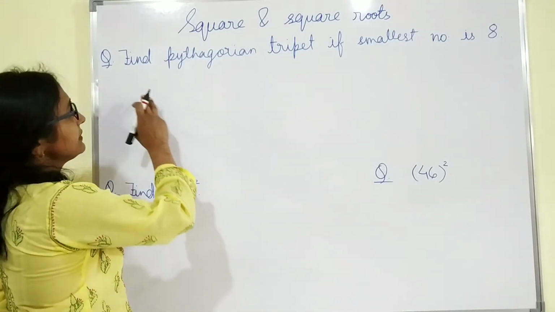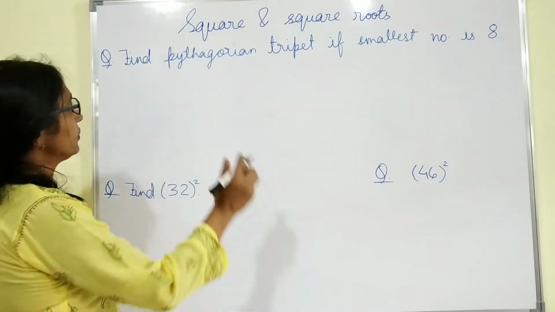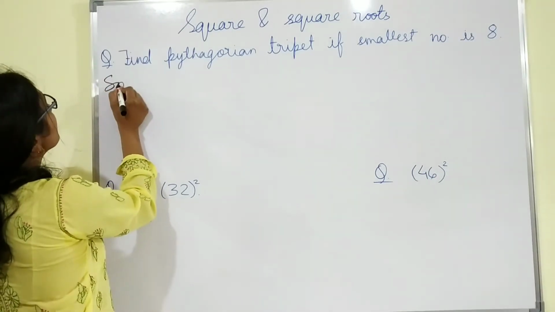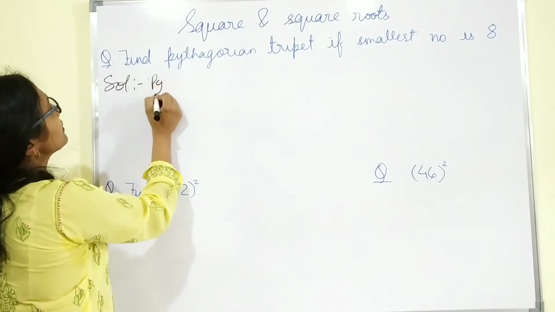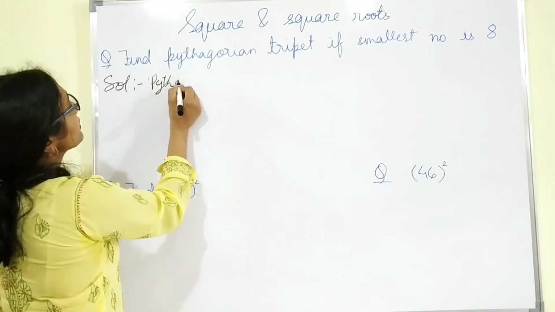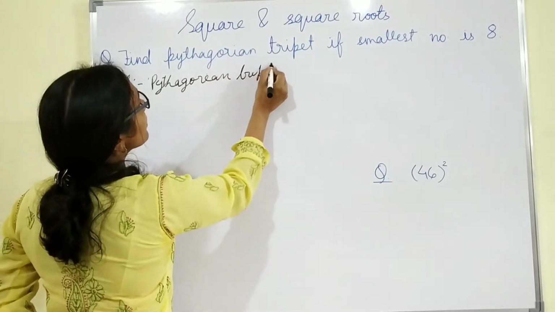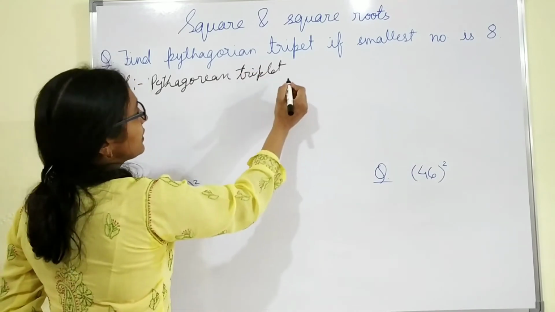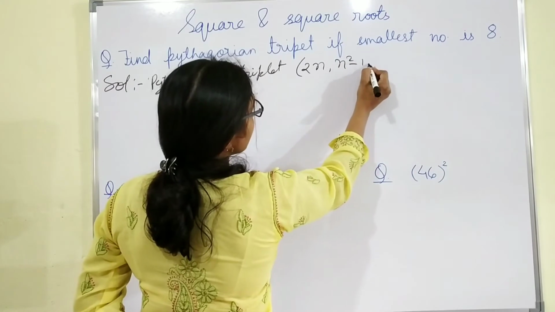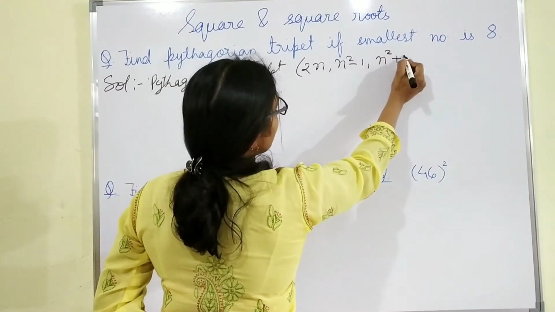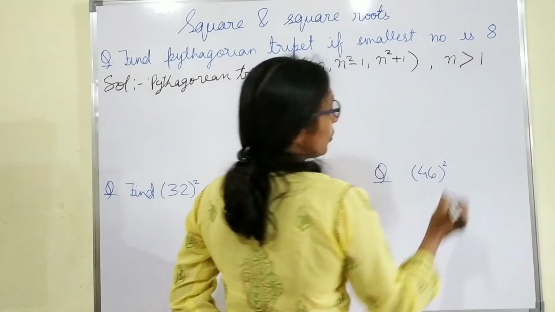Next example is to find the Pythagorean triplet if the smallest number is 8. Okay. So the Pythagorean triplet is 2n, n squared minus 1 and n squared plus 1, where n is greater than 1.